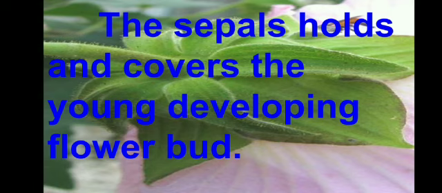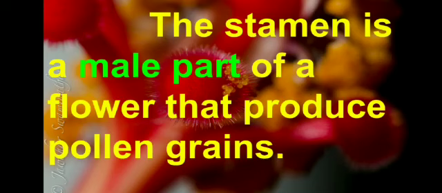The sepals. The sepals are nothing but what holds up the petals firmly all together. The sepals hold and cover the young developing flower bud. The stamen. The stamen is a male part of a flower that produces pollen grains.